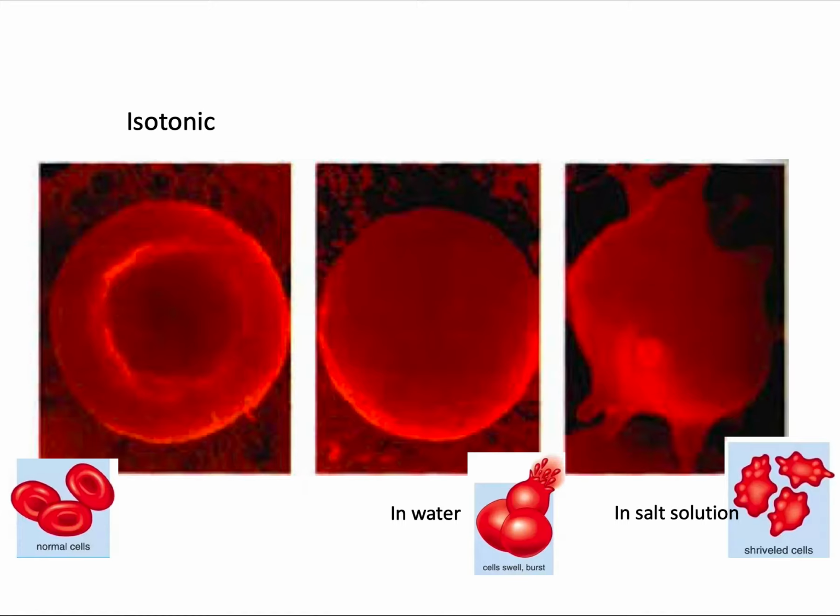So we have isotonic solutions, we have hypotonic solutions where the cells will swell. We are using red blood cells now. And then you have hypertonic solutions where the cell loses water and shrinks or shrivels.